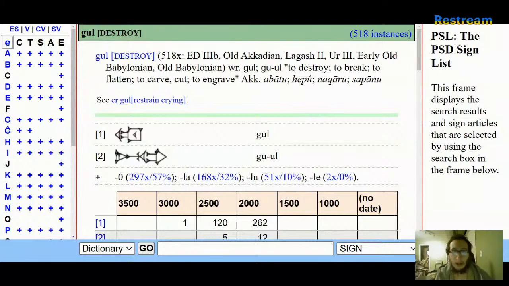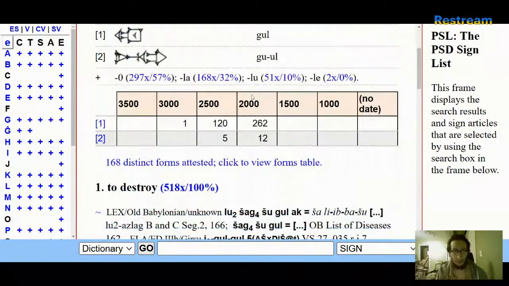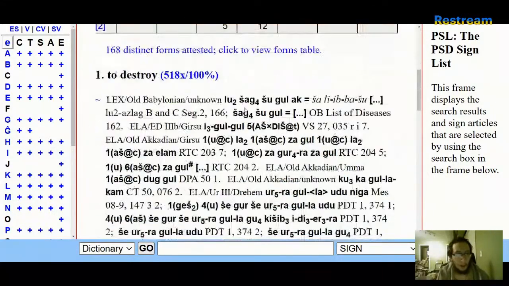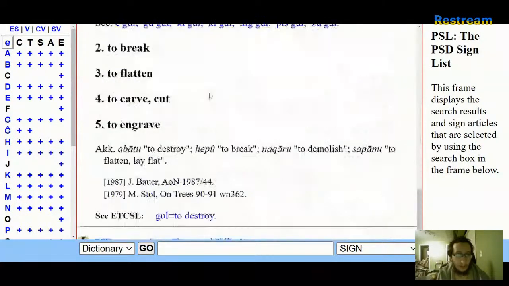So this word can mean different Akkadian words. The one in question that we're focused on is abatu, which is the equivalent of abad. It has a long entry that's kind of confusing there.